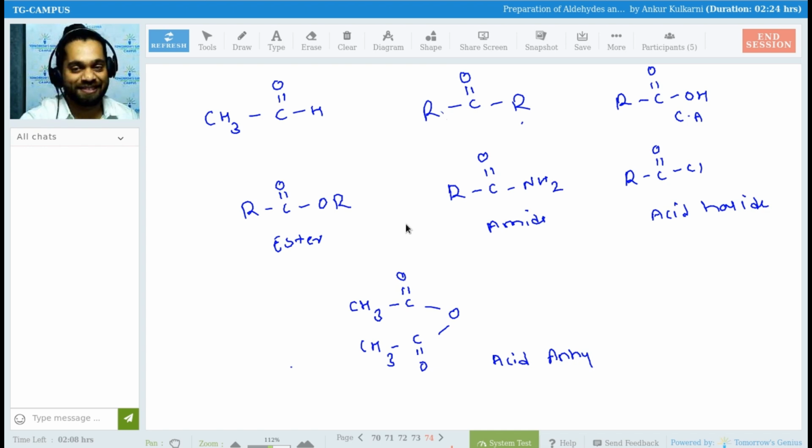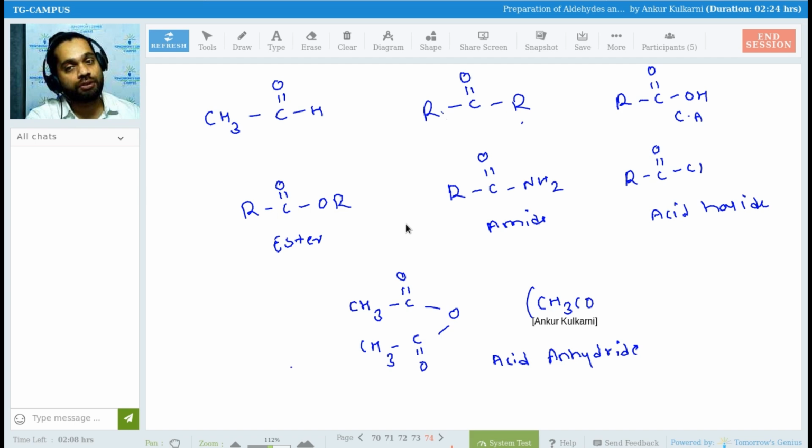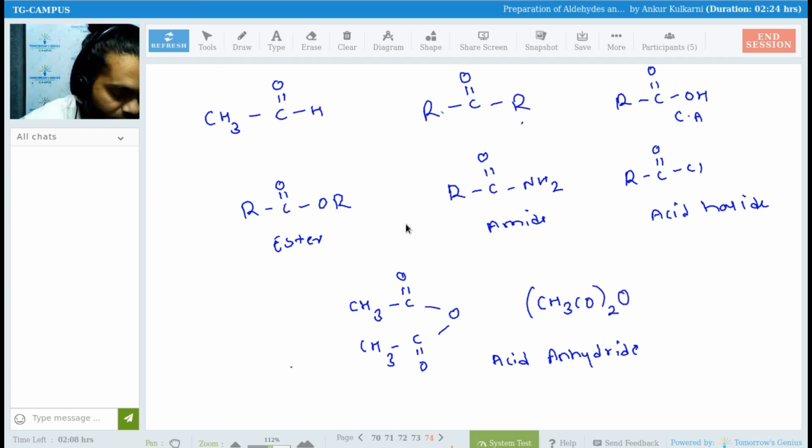All three. Okay, acid anhydride. In the book it is written as CH3CO twice. So that is acid anhydride. Come on, write it down.